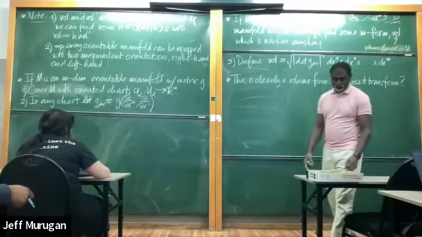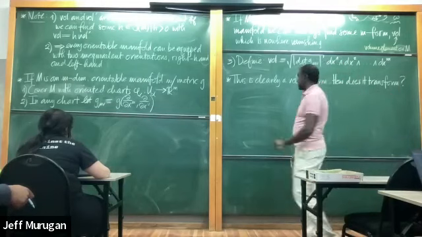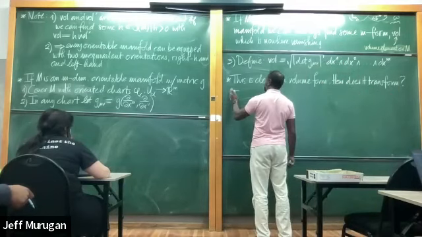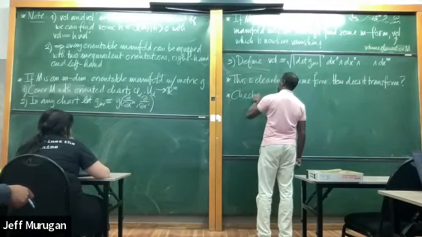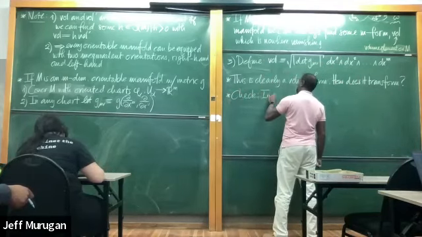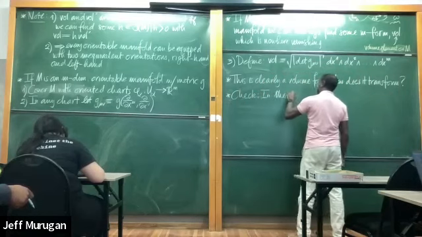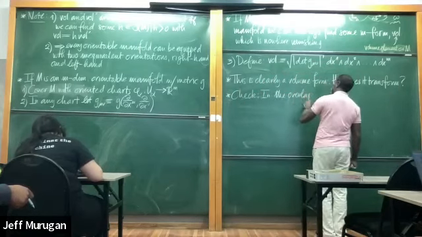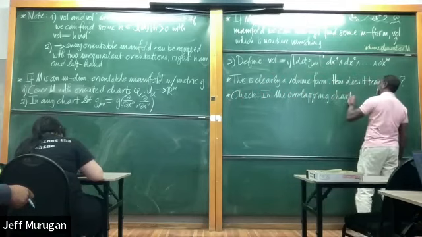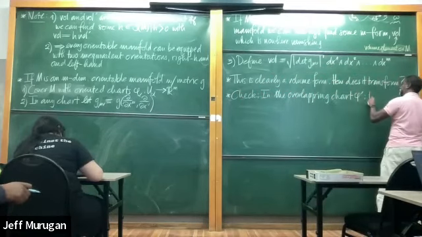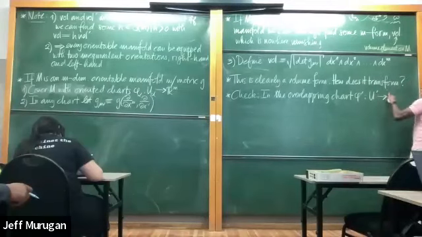So let's make a change of coordinates. If we pick some overlapping chart, to R^n.